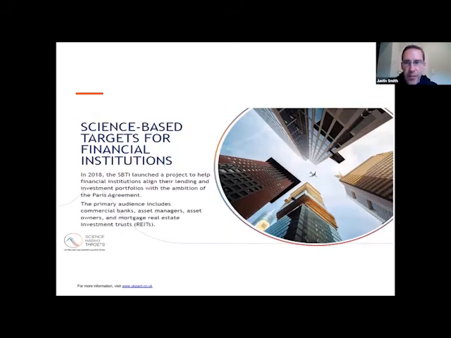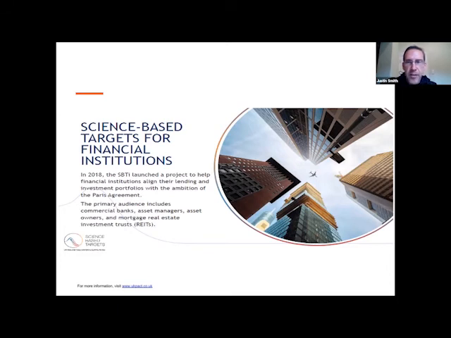Given all the developments we've seen in the science-based target space, and what I've tried to say around each sector having a very different context that needs to be taken into account, science-based targets started a program in 2018 to look at a financial sector specific project so that there is more guidance in terms of aligning the lending and investment portfolios in particular with the Paris Agreement.